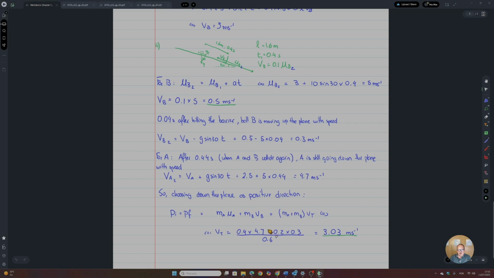So this term over here is going to be negative, equals the mass of both put together because they coalesce, times the velocity that you need to calculate. So the velocity equals this, divided by the combined mass, which is 3.03 meters per second.